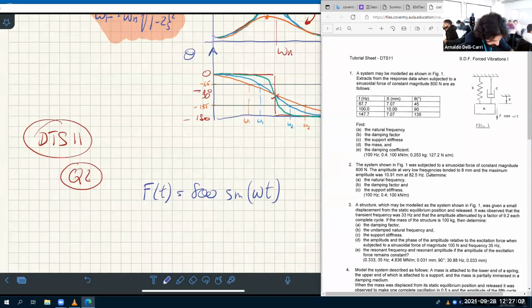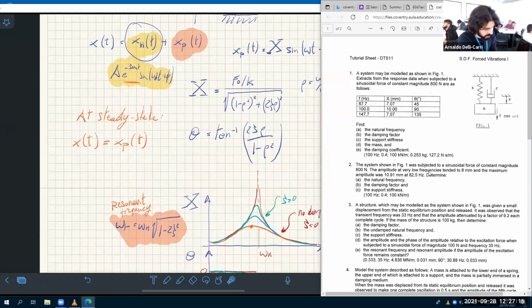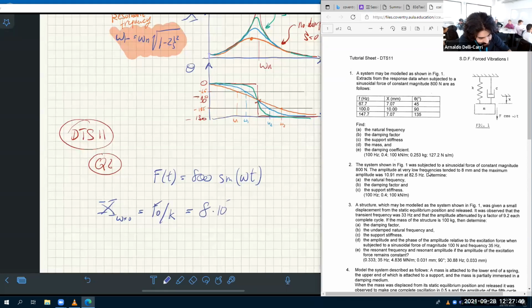So I know that capital X, the amplitude, is the steady state amplitude, so we neglect the transient. At very low frequencies, when rho is almost 0, the denominator is 1, so X at omega equals 0 equals F0 over K. Agreed? This is what we find from the equation. And we know this is 8 millimeters, so it's 8 times 10 to the minus 3 meters.